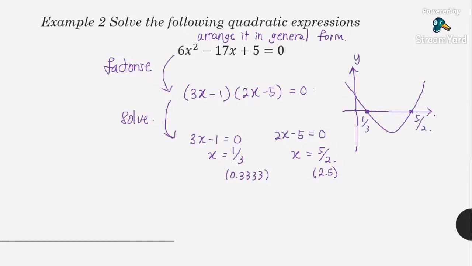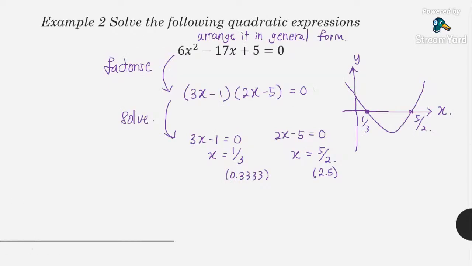So this is y-axis, x-axis. Okay, so that is solving. You can see that the way to solve it, you must factorize first, then only you solve. And then you also know where is the position of the roots on the graph. It's the point of intersections between the quadratic graph and also the x-axis.